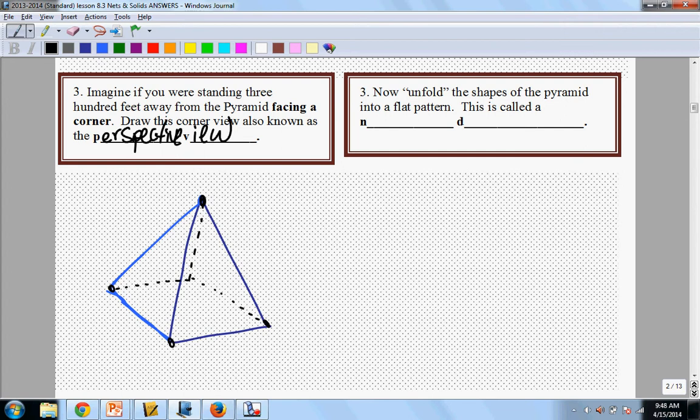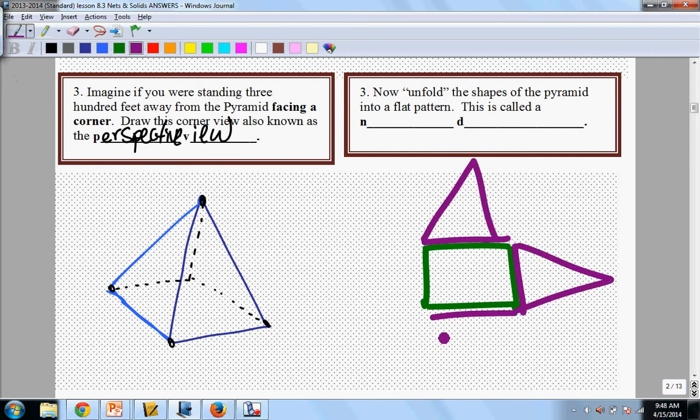Okay, last one. This is called the net view. Now, go like this with your hands. Pretend you have a physical pyramid in your hand. Now I'd like you to unfold the shapes. Unfold it. Now lay them flat. Now start drawing. What would that look like? Unfold the shapes, start drawing.